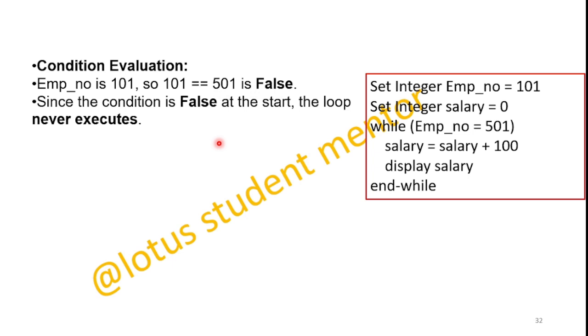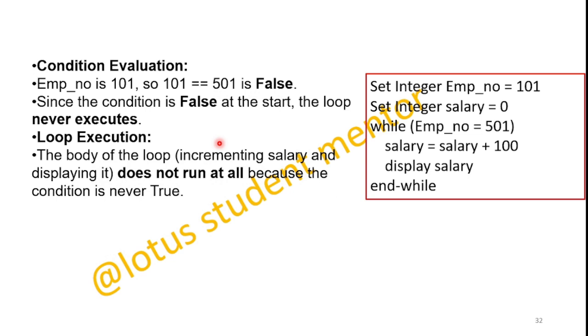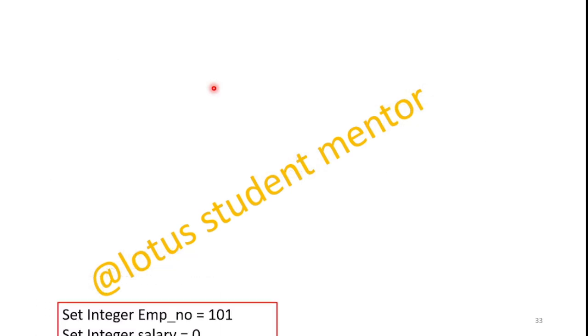The condition is false at the start, so the loop never executes. The body of the loop, incrementing salary and displaying it, does not run at all because the condition is never true.